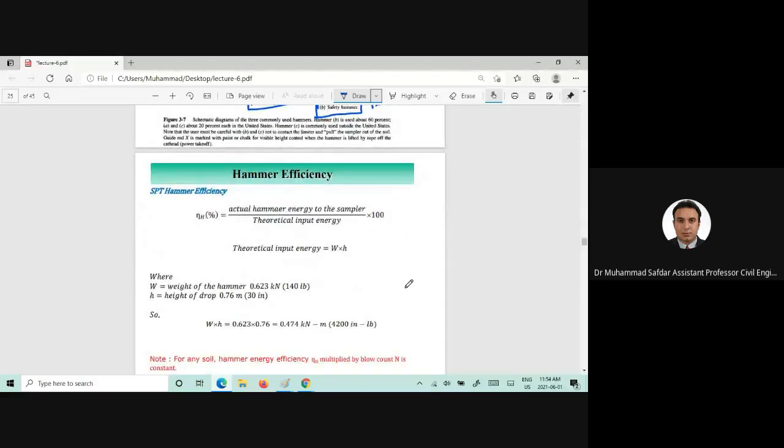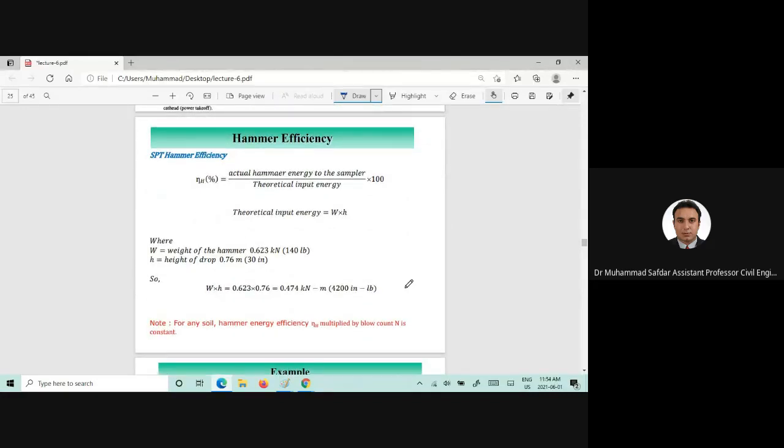There is an interesting and important concept. If you see in here, the standard penetration test hammer efficiency. So based upon the different types of SPT mechanism and equipments there would be different types of hammers which would be used. Now the efficiency of those setups would be different, and we need to account for that as well.